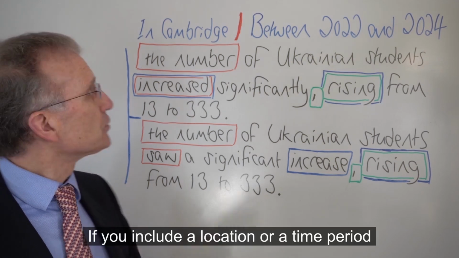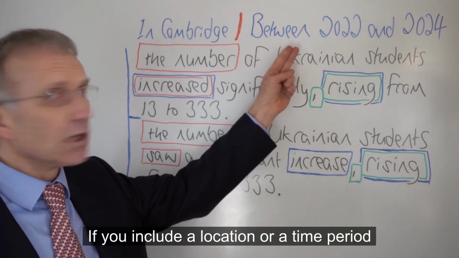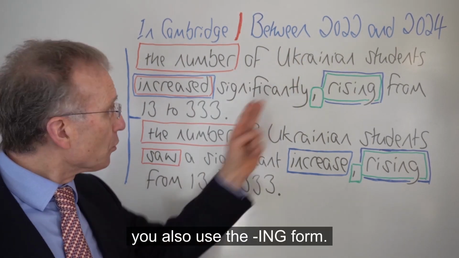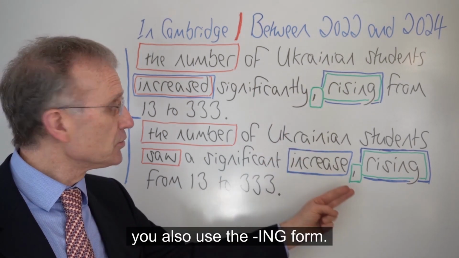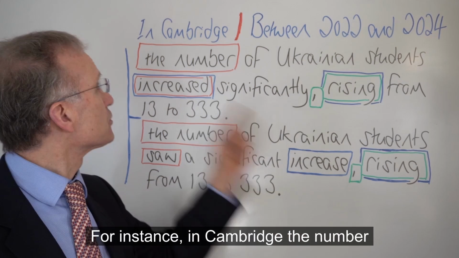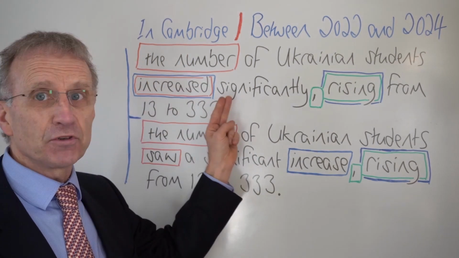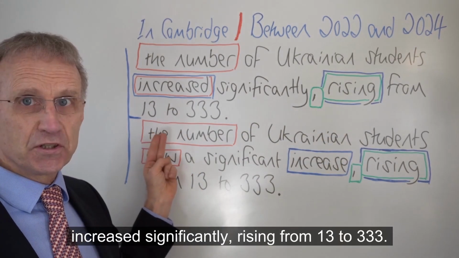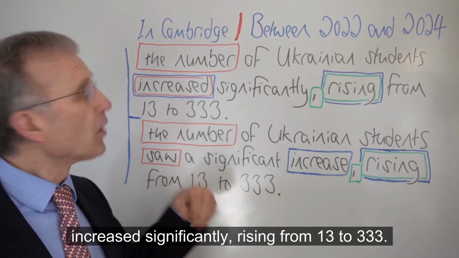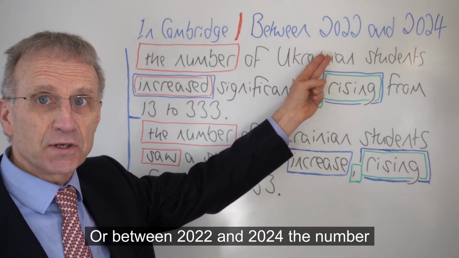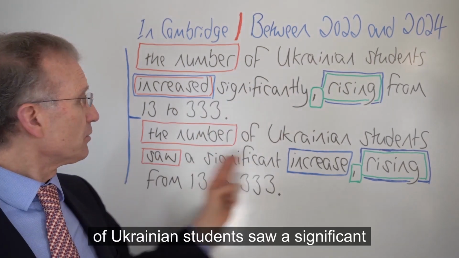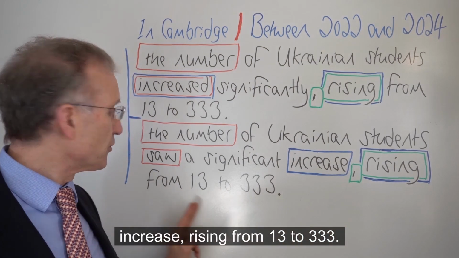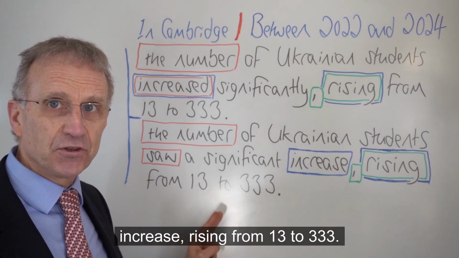If you include a location or a time period at the start of the sentence, you also use the ing form. For instance, in Cambridge, the number of Ukrainian students increased significantly, rising from 13 to 333, or between 2022 and 2024, the number of Ukrainian students saw a significant increase, rising from 13 to 333.